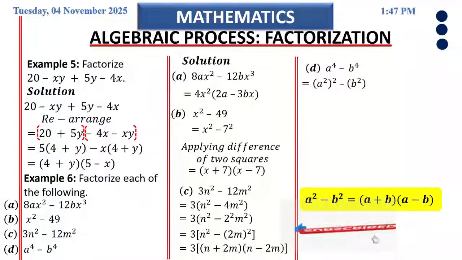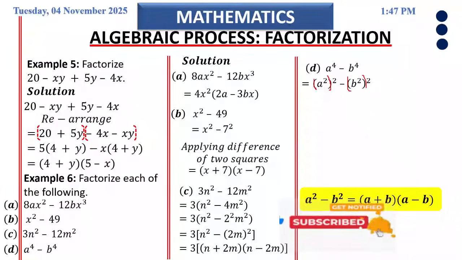So you agree with me that we can write this as this. Yes, because by the law of indices, that's the power multiplication law. We know that 2 times 2 will still give you 4 back.